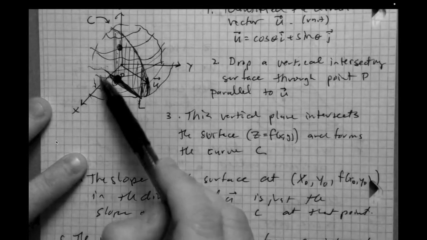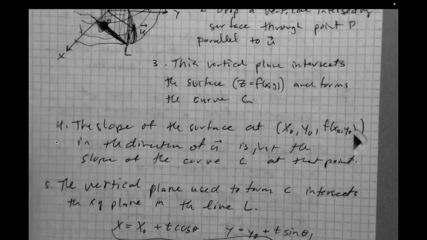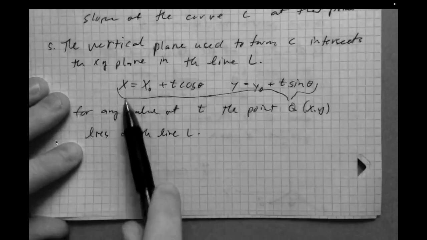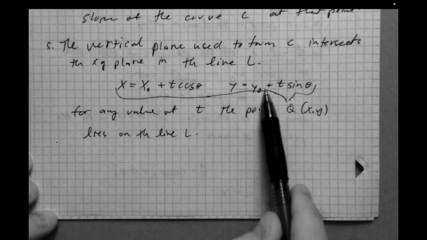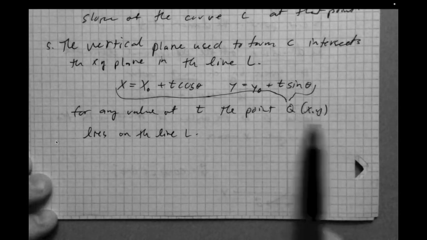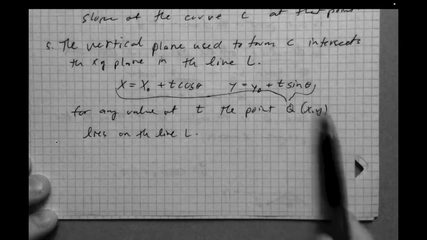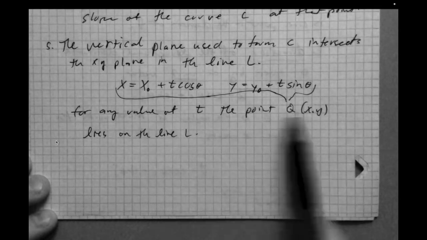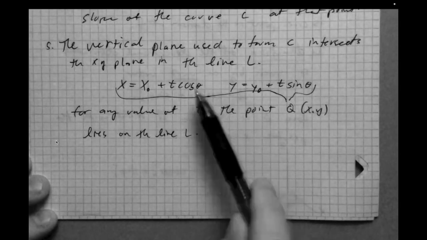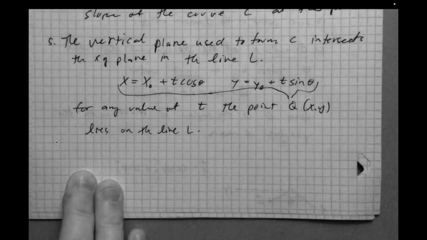That C is going to imply a line in the plane, which is going to have the equations x equals x naught plus t cos theta, y equals y naught plus t sine theta, right? We can call the collection of all such points Q, and all of those points are going to lie on this line L.